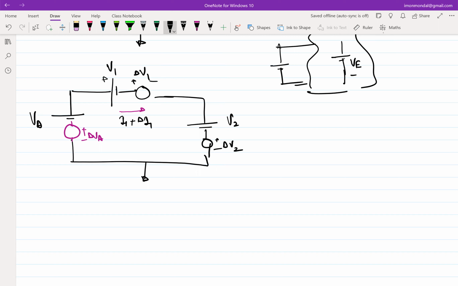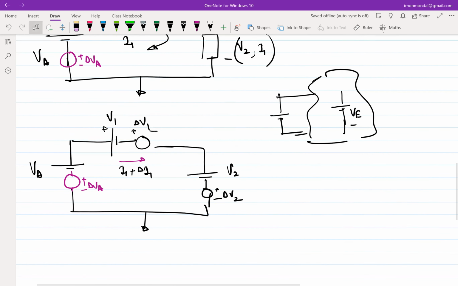Now, note that what is the relationship between VA, V1 and V2? VA equals V1 plus V2, which we got from the previous network. So now these three collapse, right? This is VA minus V1 minus V2 if you go around the loop.